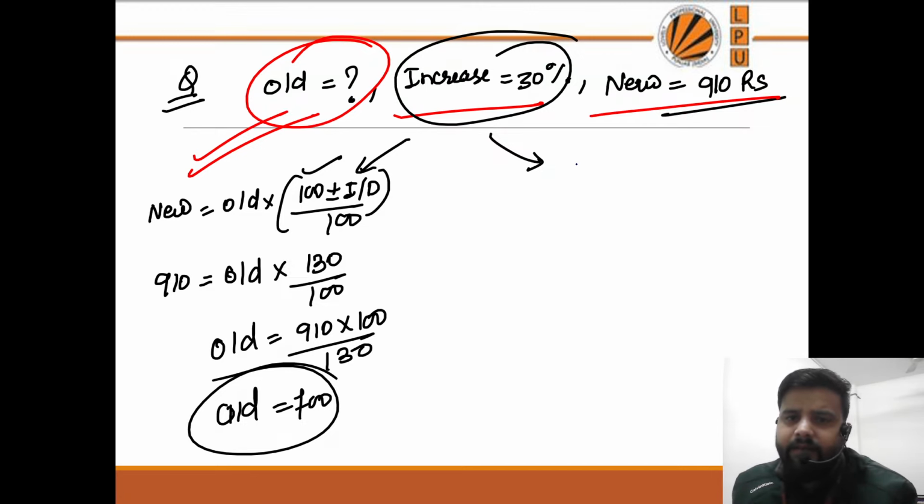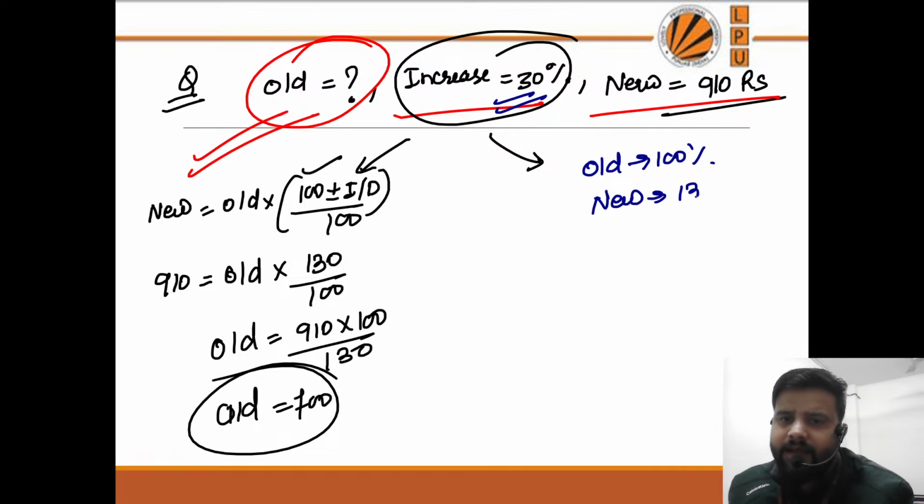Got it? Now let's see it with the unitary method. In the unitary method, we always assume the old value as 100%, and the new value would be, since there is an increase of 30%, 130%. But in the question, the absolute value which is given is related to the new value, so you are given the value of 130%.